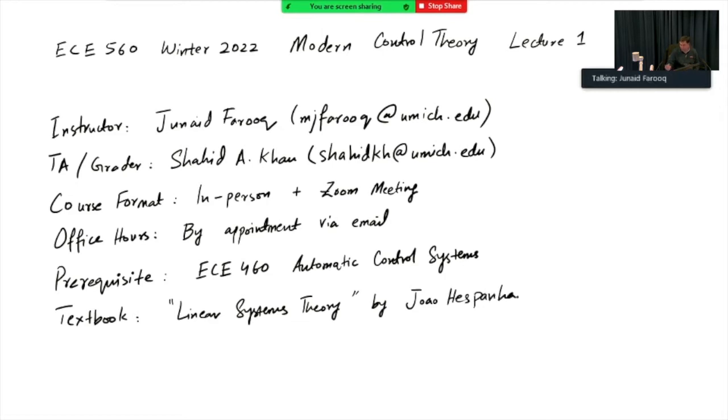It's also included in the syllabus that I sent you, and the good thing is that the book is freely available online, so you don't have to purchase it. You can actually download a PDF and start referring to the topics. However, the course is going to be self-contained, and if you go through the lectures, they should be enough to steer you through the course.